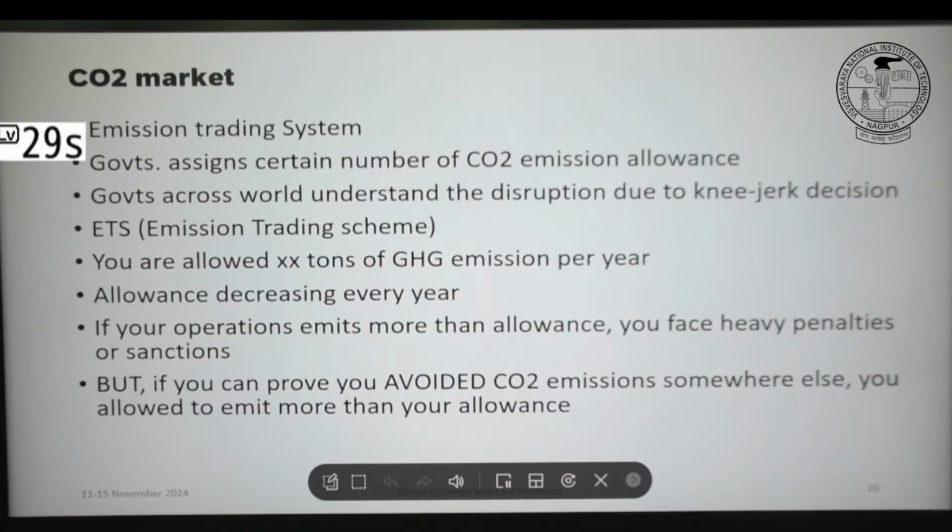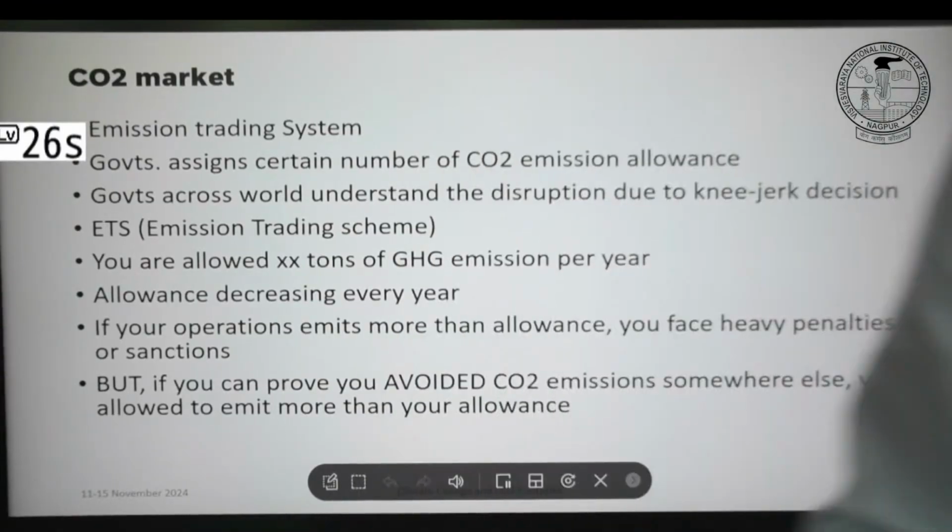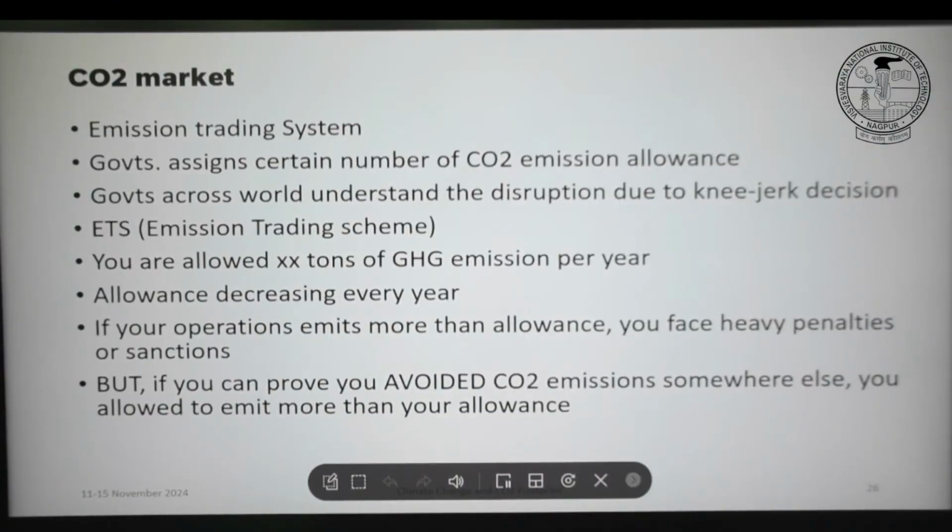These industries are called hard to abate industries. Electricity you can abate, you stop using coal, natural gas and other carbon intensive fuels, and move to renewable power where you do not have any carbon in the chain. But cement is one, as I said, where you cannot do anything. So carbon capture is the only solution here.